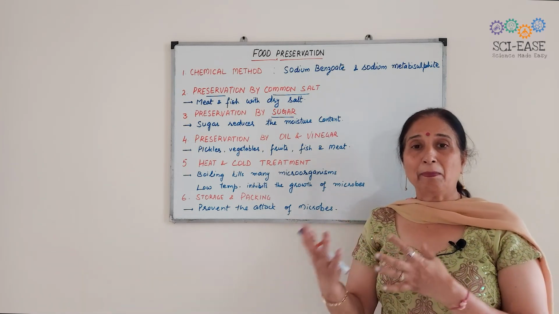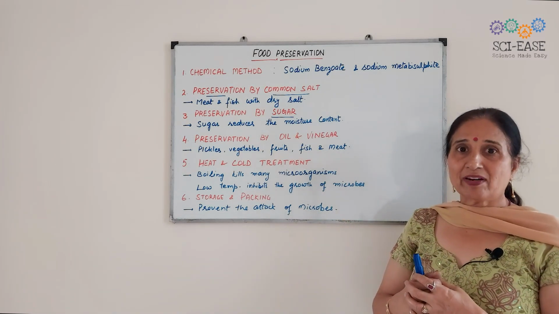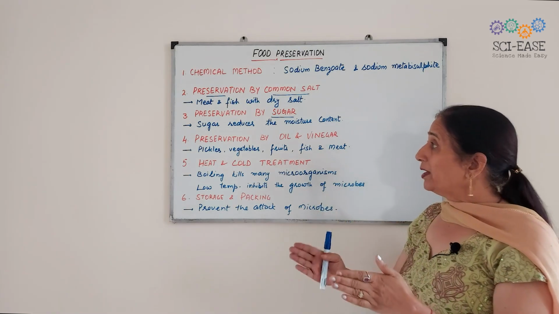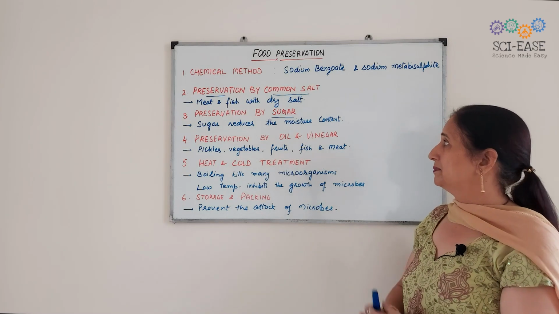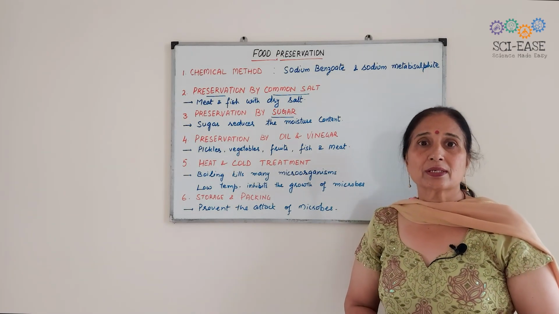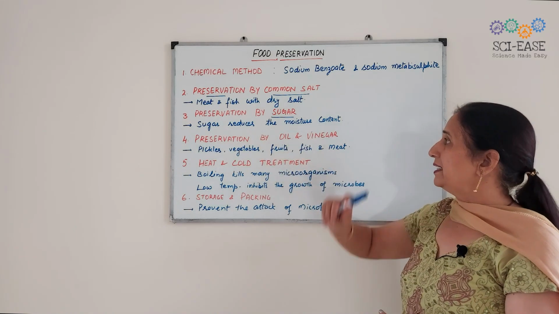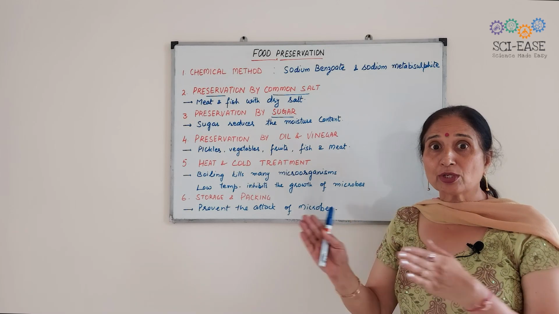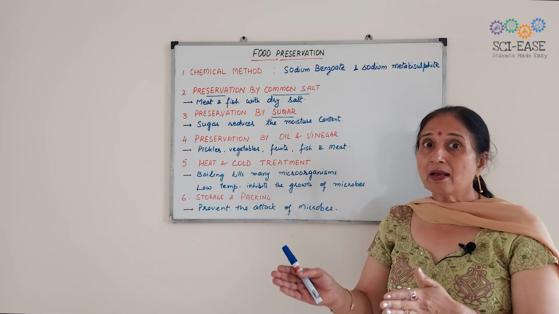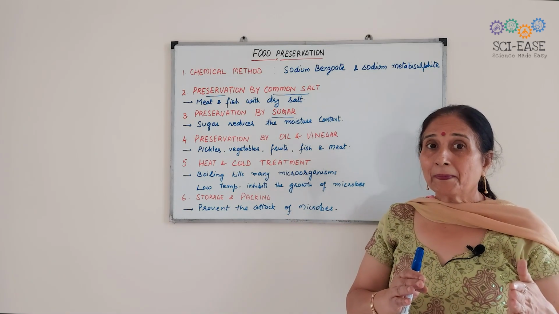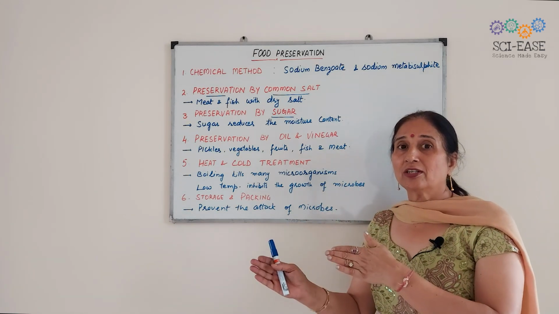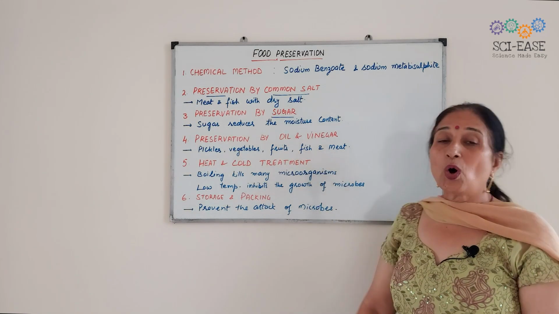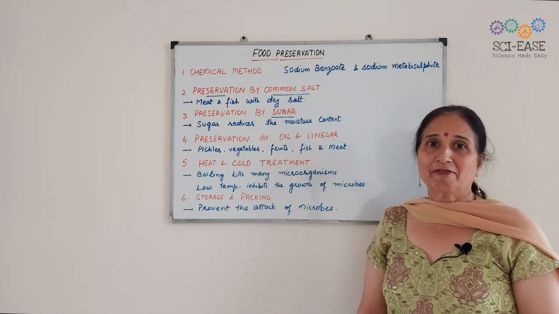Amla murabba, apple murabba, gajar murabba, carrot murabba are sold in the market. So what is the role of sugar? Sugar reduces the moisture content in the foodstuff. And when there is less moisture, there will be less danger of attack by microbes. So sugar is also a very good preservative.